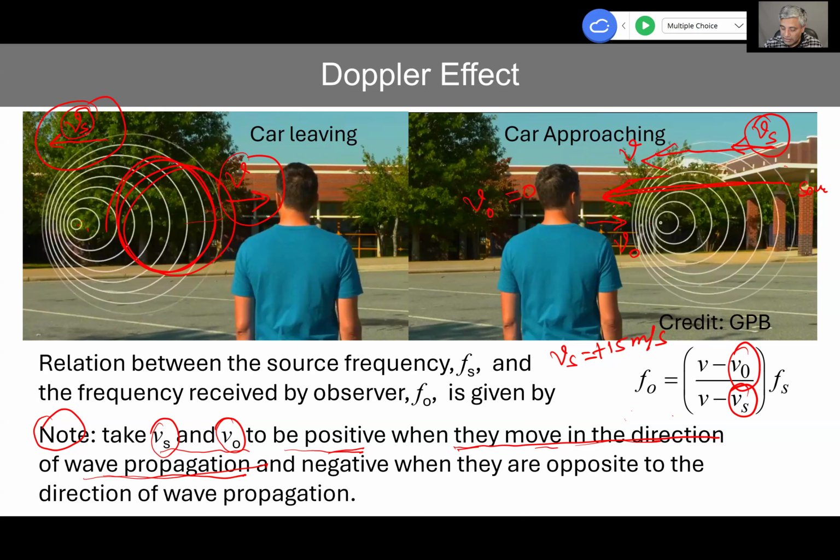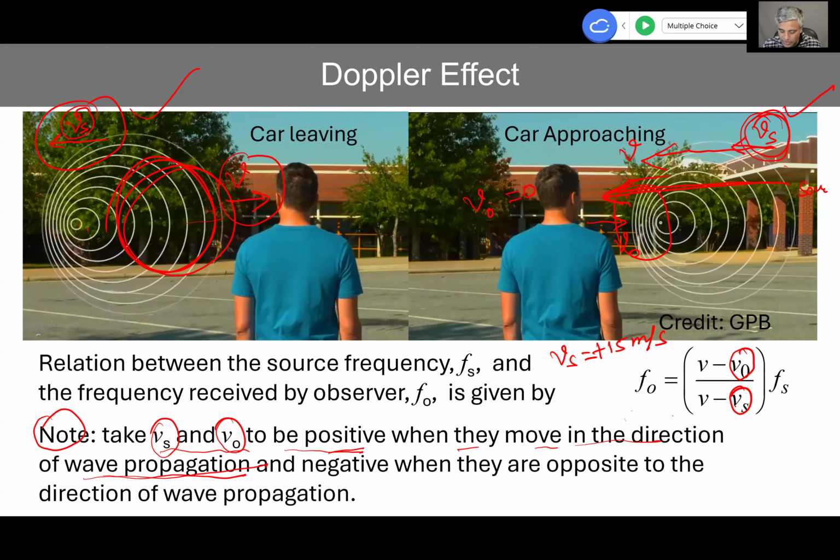And when we are calculating the frequency over here, we need to take the source velocity as positive. And those signs are on top of the negative sign we already have. The negative sign is in the formula, and then this velocity can also have a positive or negative sign.